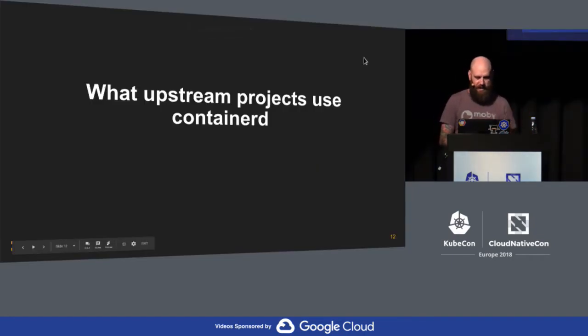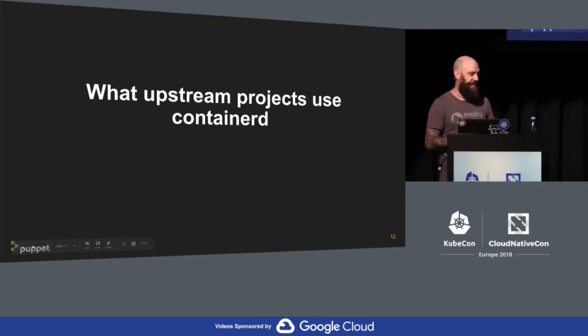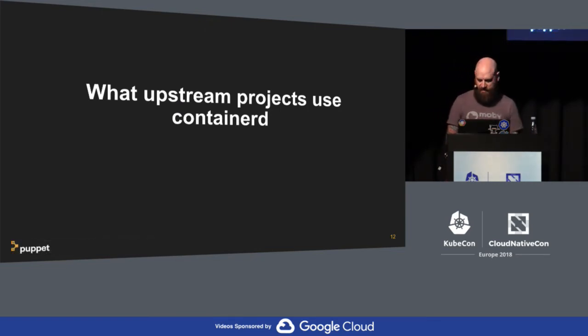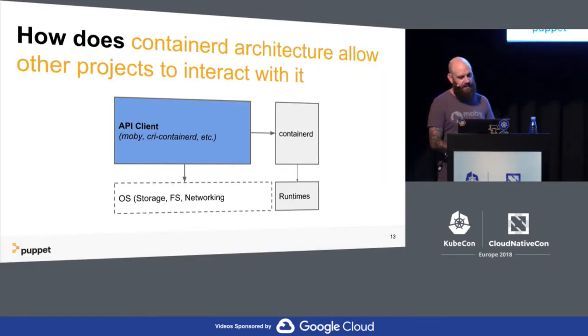So let's look at what upstream projects look at containerd. Now we've seen some containerd primitives and how you can use it to pull containers and things like that. This is how other projects interact with containerd. This is old, I haven't updated it. cri-containerd is actually in containerd now, so I need to update this slide as of last week.